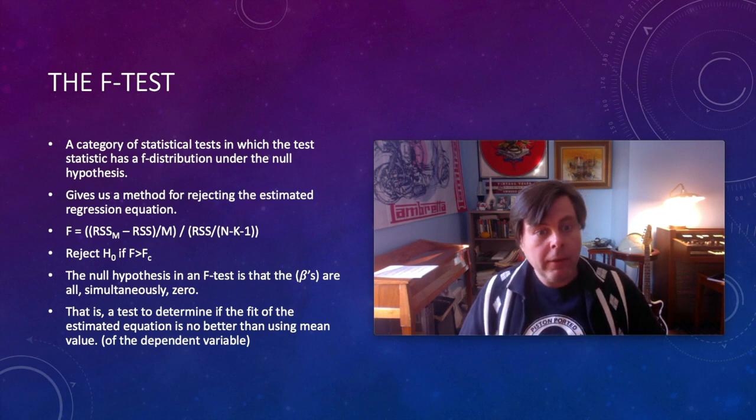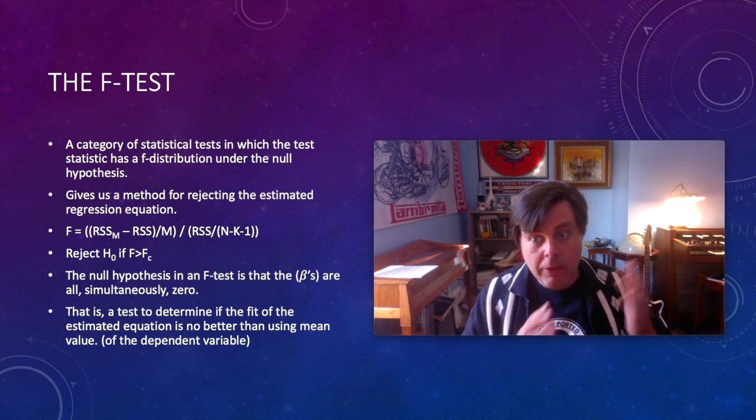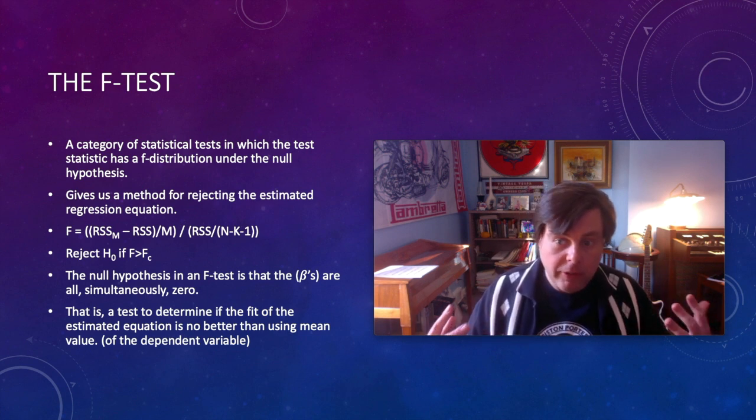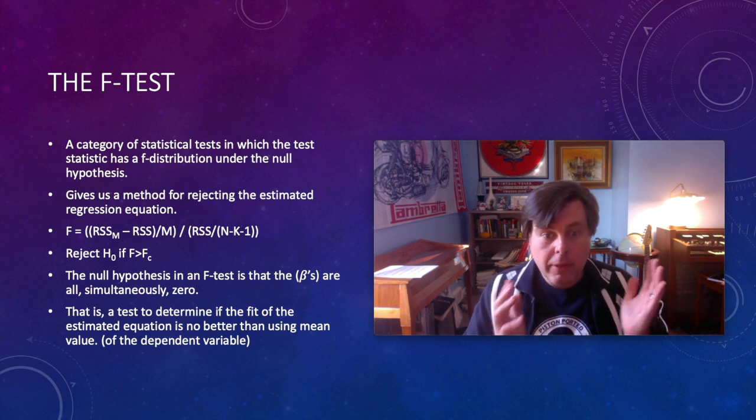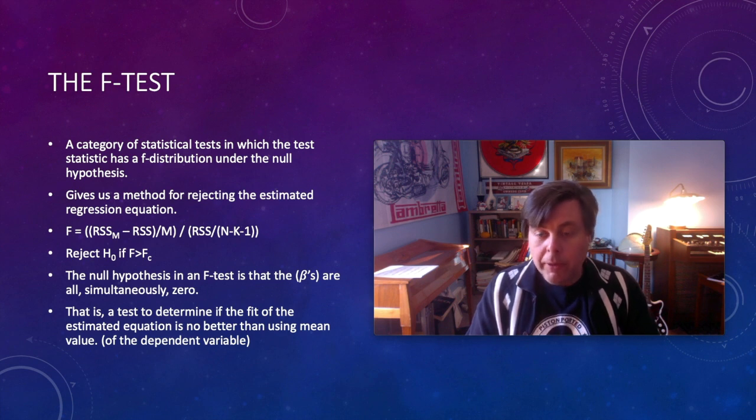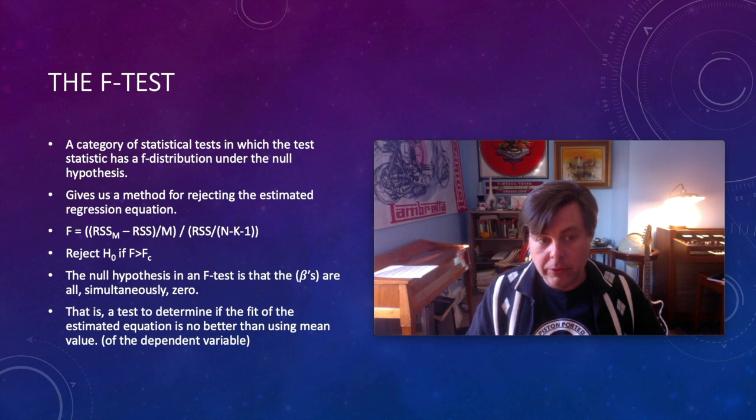Now, the null hypothesis H0 in this F-test, the F-test that we're running for our estimated regression output, is the possibility that all of our betas, so all of our estimated coefficients, are all simultaneously 0.